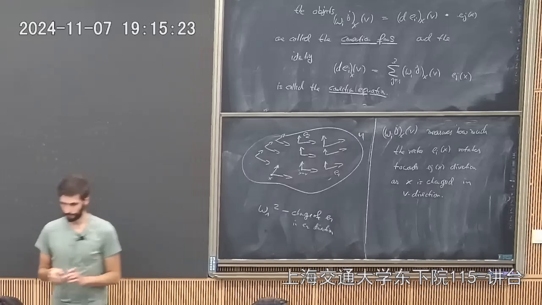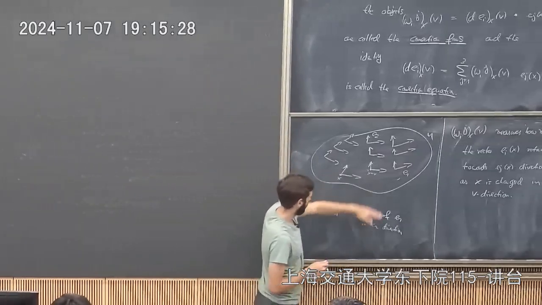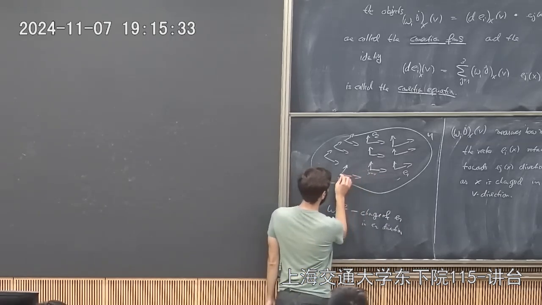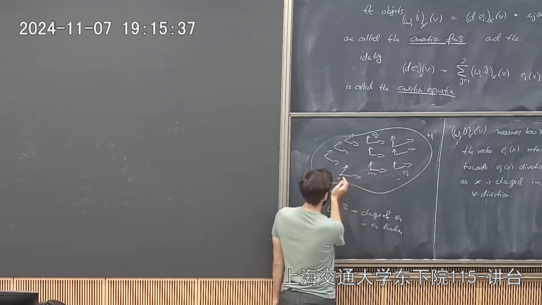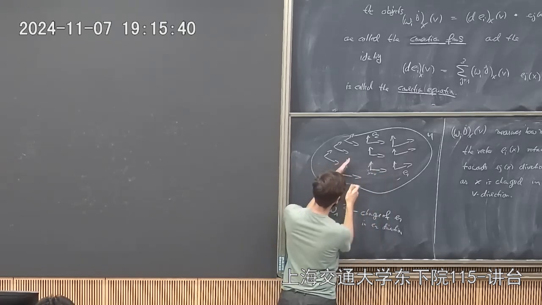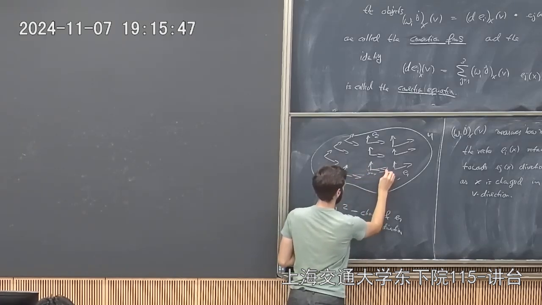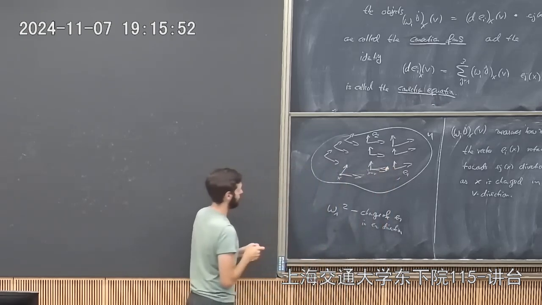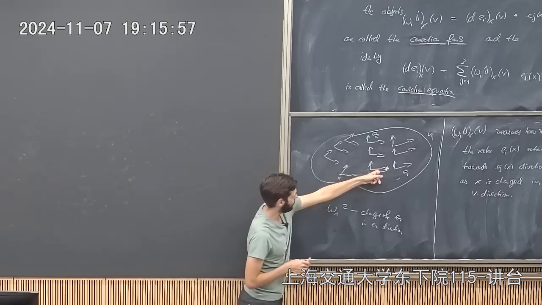So let's have a look. E1 was the red one. You have to look in the E2 direction at this point here. It's very hard to draw because I have to compare this vector here with this vector.